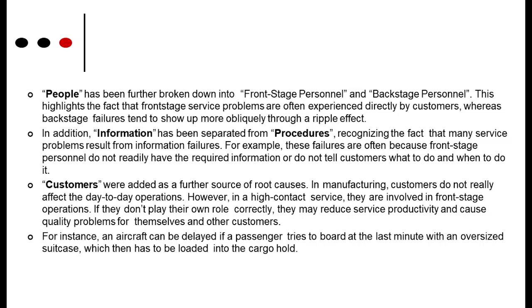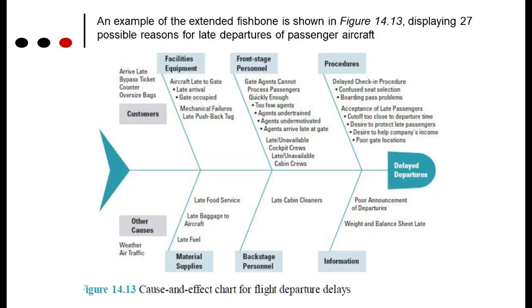But there could be other reasons why the flight is delayed. If we actually have to draw the entire root cause into different groupings, it becomes something called a cause and effect chart. And a cause and effect chart, when shown for flight departure delays, represents the shape of a fishbone. You can clearly see it's more like a fish tail and a head, and there are all those bones.